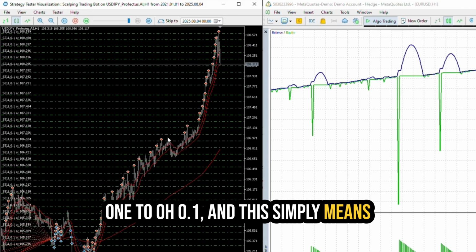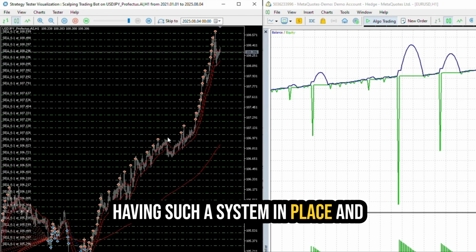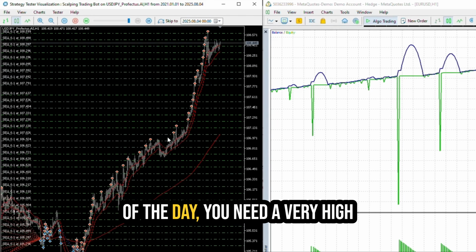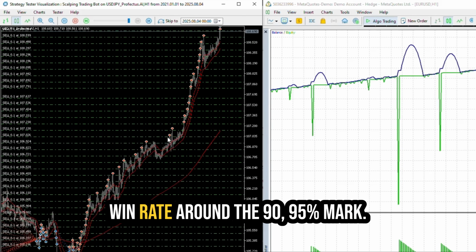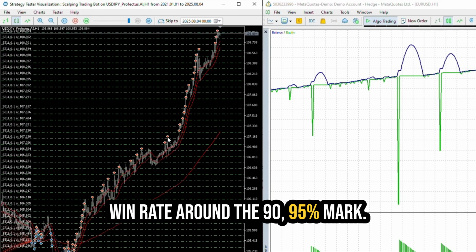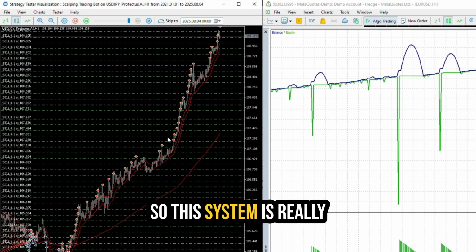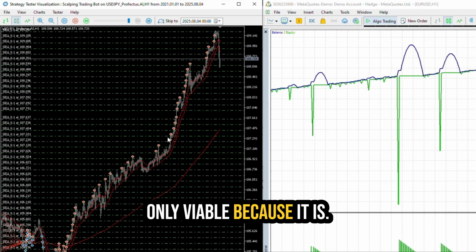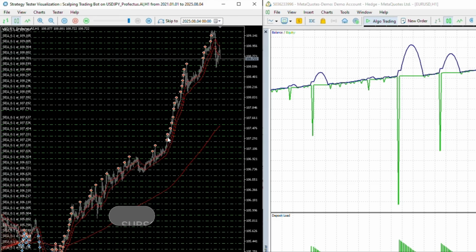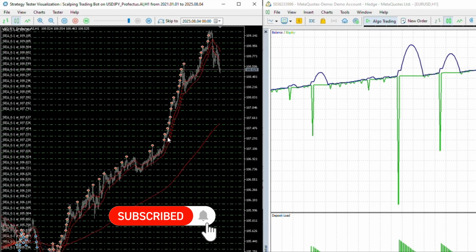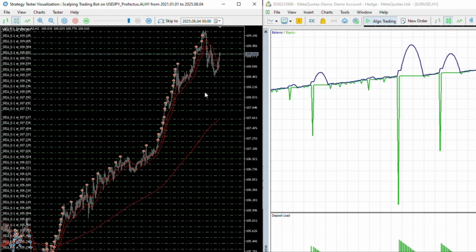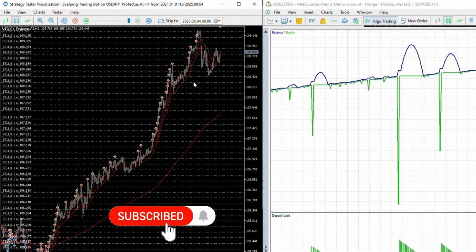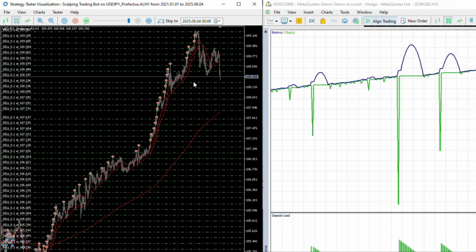Having such a system in place, to make it worthwhile at the end of the day, you need a very high win rate around the 90-95% mark. So this system is really only viable because it is winning the majority of times, and that is why it is completely okay for such a system to only take these tiny little profits over time.